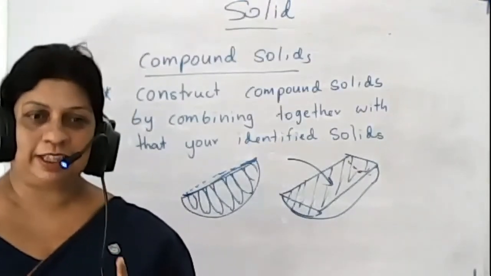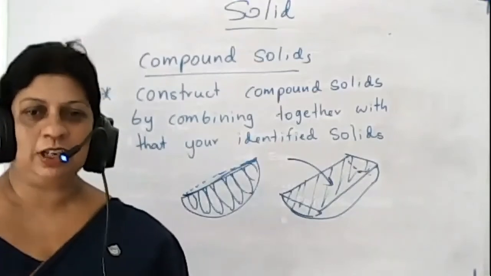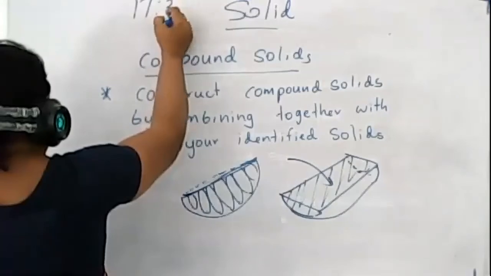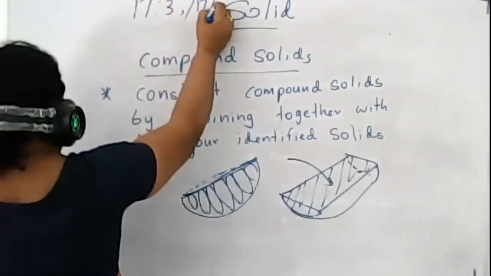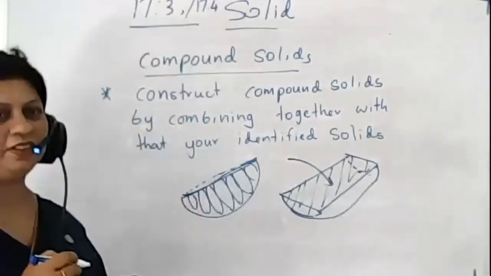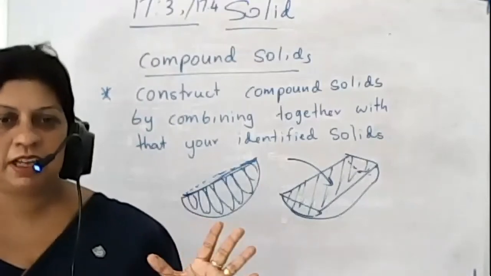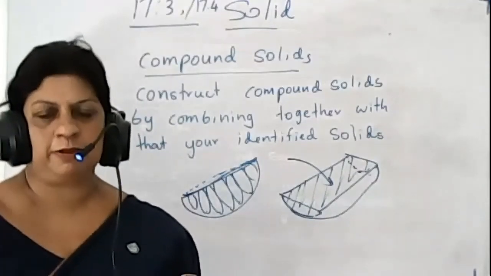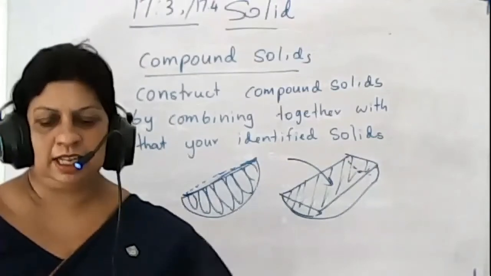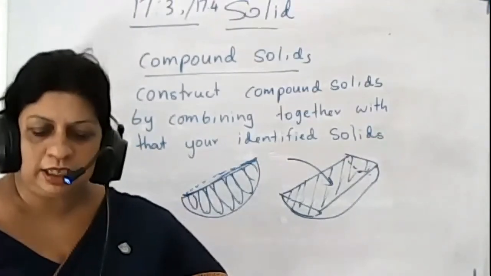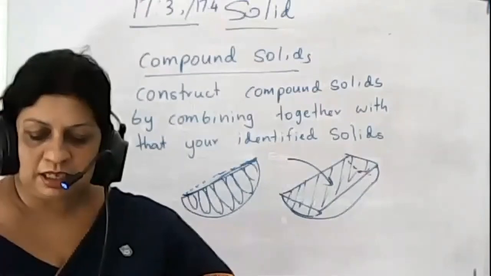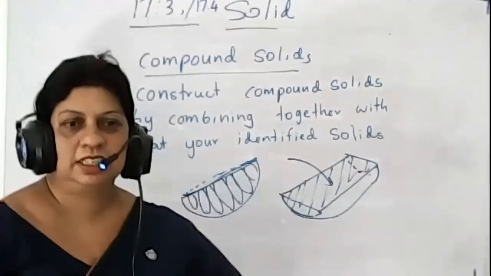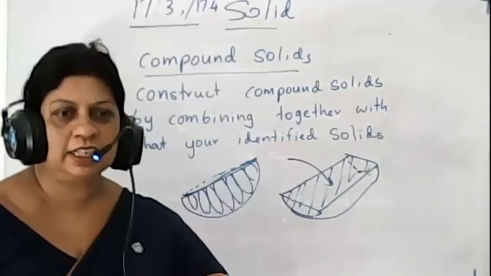Then after that, if you have a little time, try to do exercises 17.3 and 17.4, right? Those are not big questions. They ask how many vertices, how many edges, like that. Again, turn to page number 78.